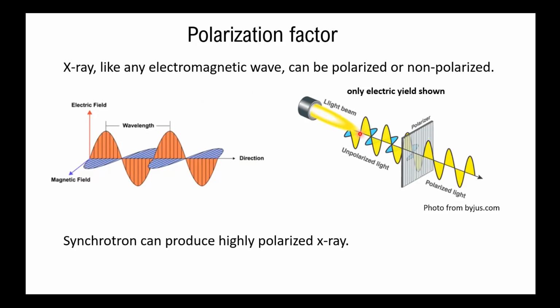In physics, this can be described by one vector showing the direction of the wave. We do not draw the magnetic wave here, just to make things clearer. So this is only showing the electric field. We can see the natural light typically gives electromagnetic waves oscillating in many directions.